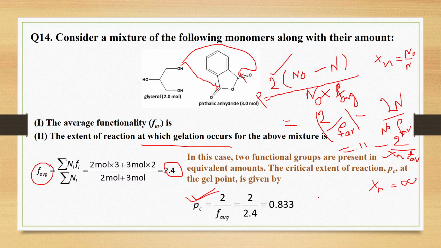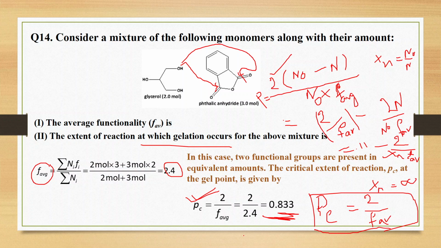So the only remaining thing is the conversion, which will be 2 by f average. You don't need to derive this every time. If you remember this formula, that will be helpful, but I have just explained this once again. So for gelation, Pc equals 2 divided by f average. We have our f average value, so you just have to divide to get our final answer, that is 0.833. So more or less everyone was able to do it.